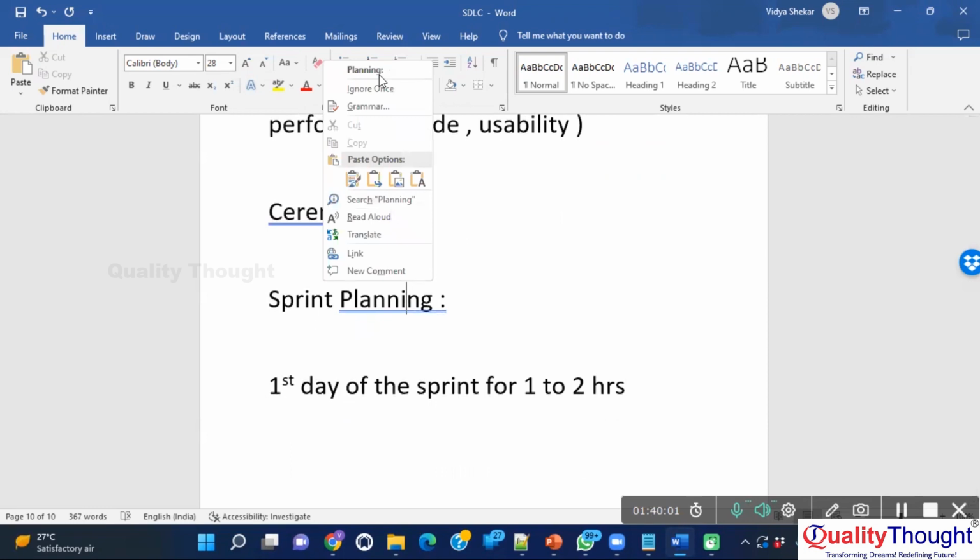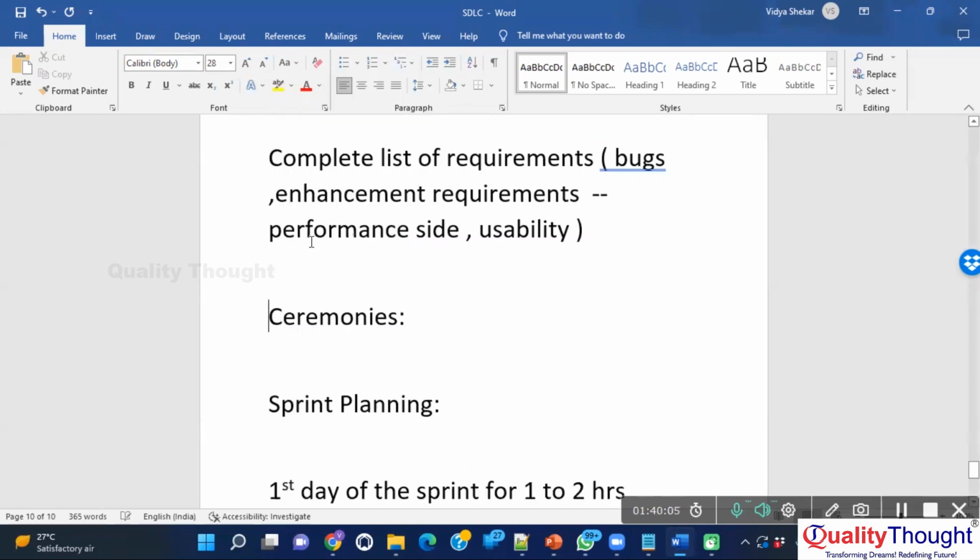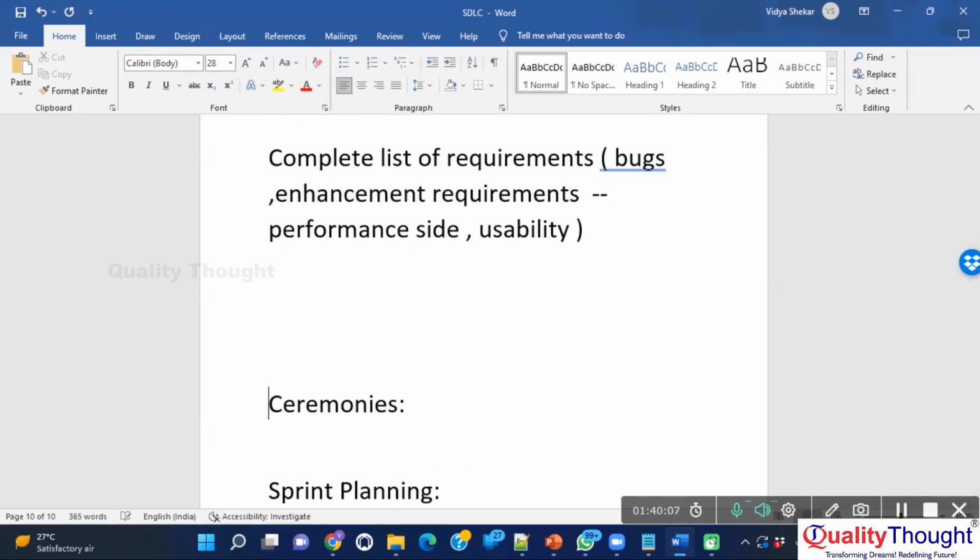Our sprint duration is 2 weeks. That is 80 hours. 40 hours is 1 week, right? 80 hours is our sprint.